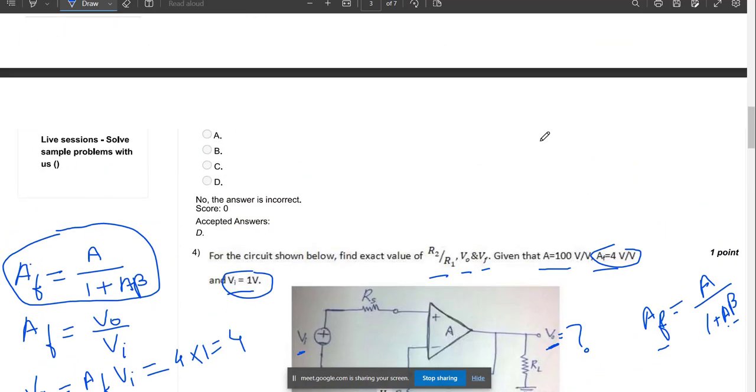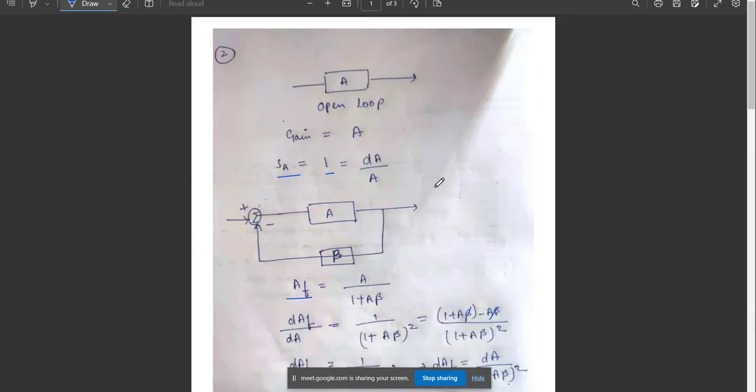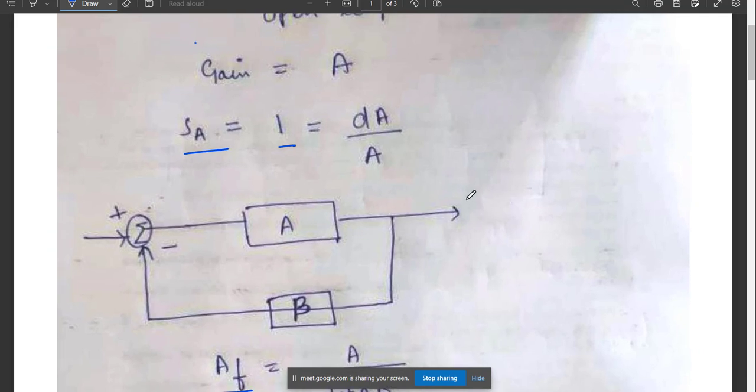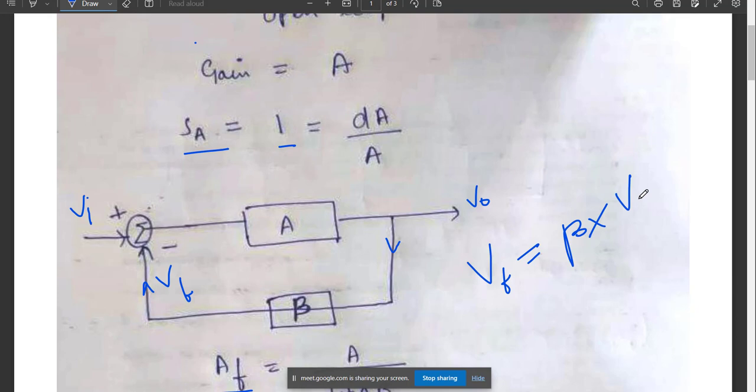See, let's say we do have a system, something like this is a system. VO is given here and VI is given here, and here we are getting VF, right? And this is a negative feedback from this side, like this. So VF is equal to beta into VO.